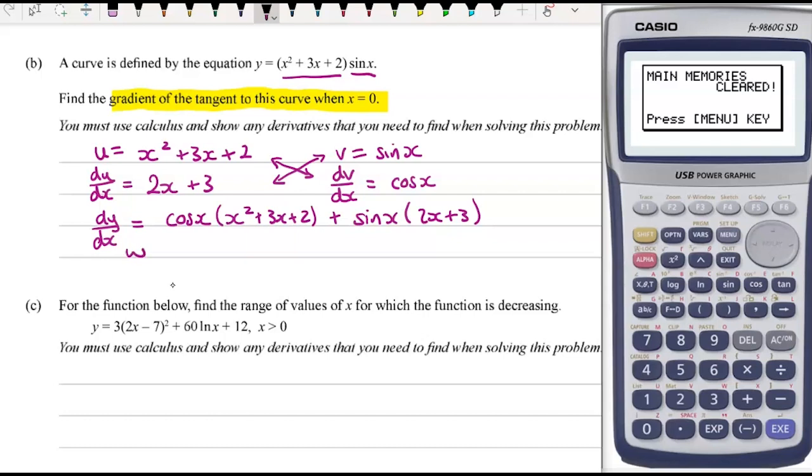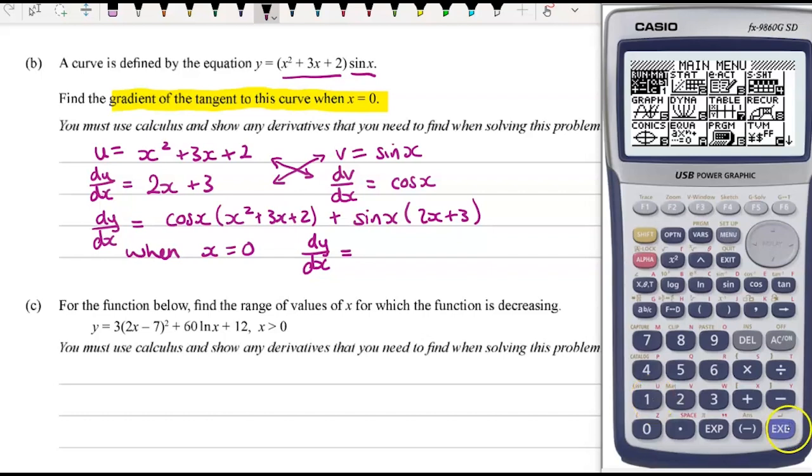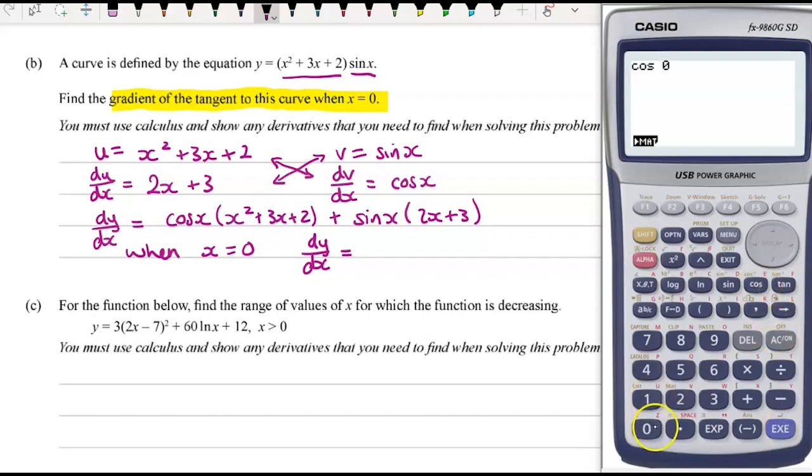So when x equals 0, dy by dx is, now if we go over to our calculator, let's try cos 0 first is 1, but sine 0 is 0. So we actually only need to do the first bit.